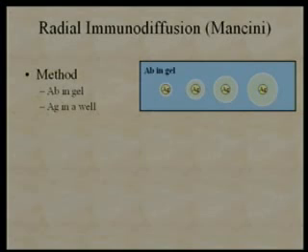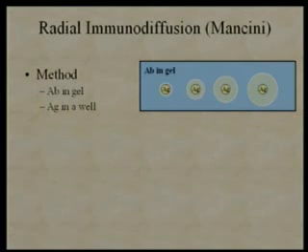But as the antigen continues to diffuse into the gel, eventually you reach a point where the ratio of antigen to antibody is appropriate, and a precipitation will occur. And, of course, since this antigen is diffusing out in all directions, you'll get a ring of precipitation. You'll see a precipitation ring. All right?